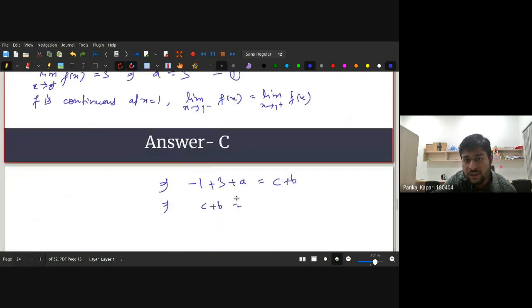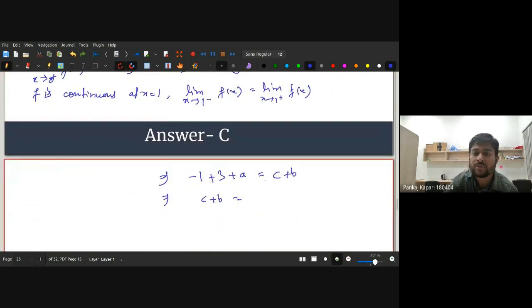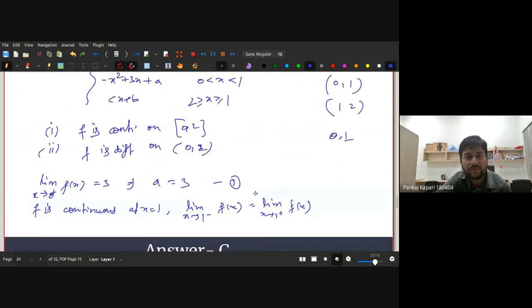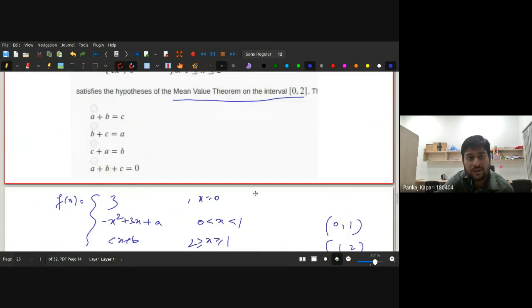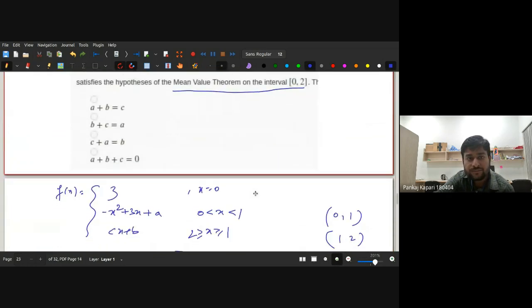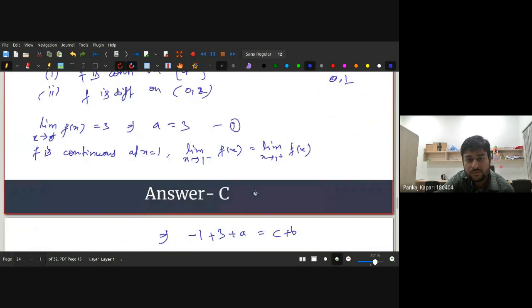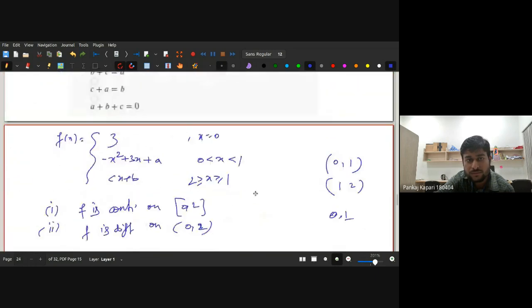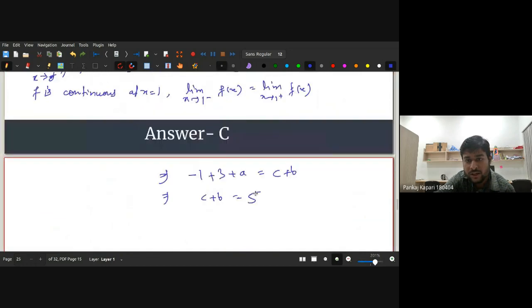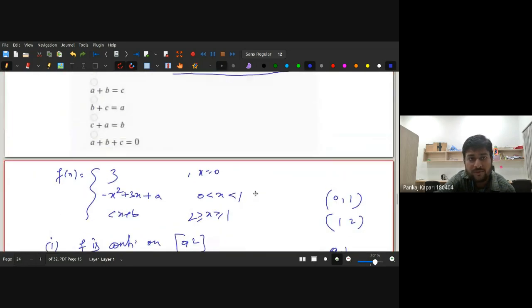A is 3, so it will have 3 plus 2, 5. So c plus b is 5. What else can we do here? You can see that c plus b must be 5. So this option is correct.